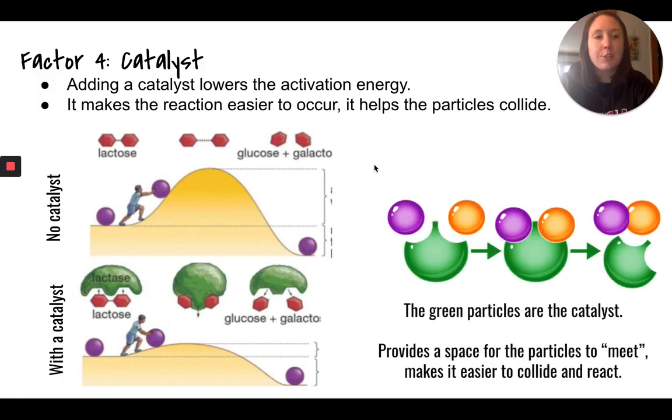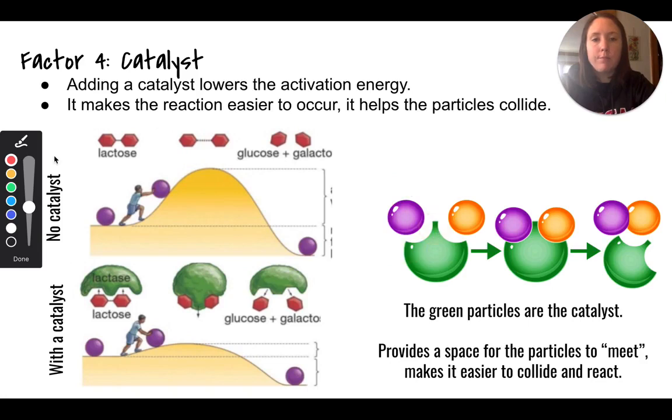The way it actually does this is providing a space for the particles to meet, making it easier for them to collide and react. So over here, if I'm trying to get the purple particle and the orange particle to react with each other, the catalyst is this green particle.